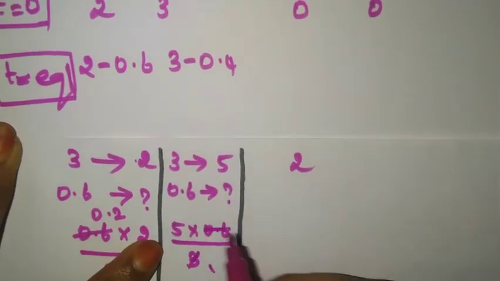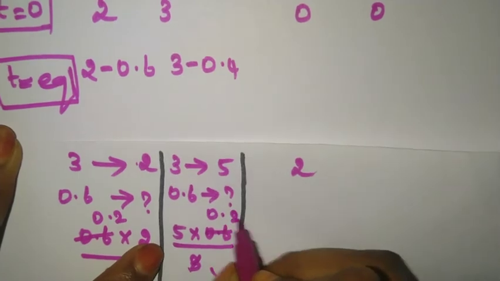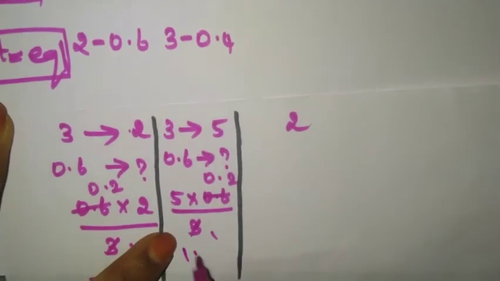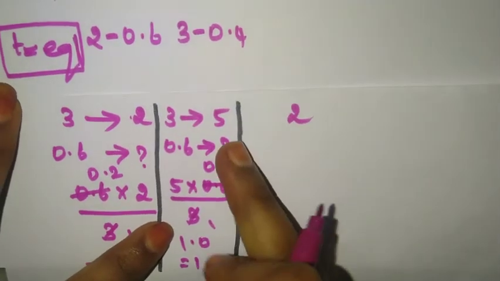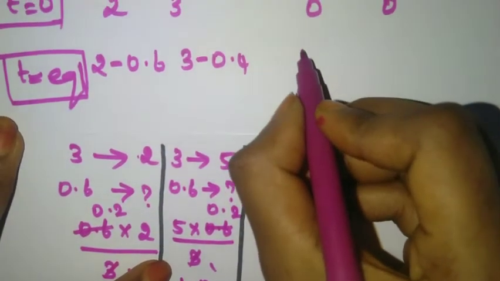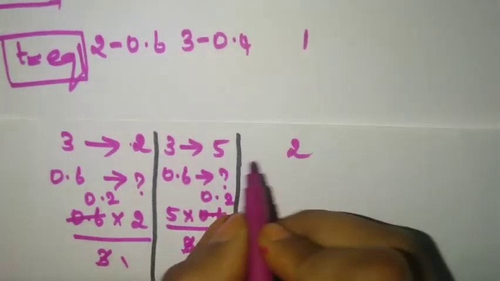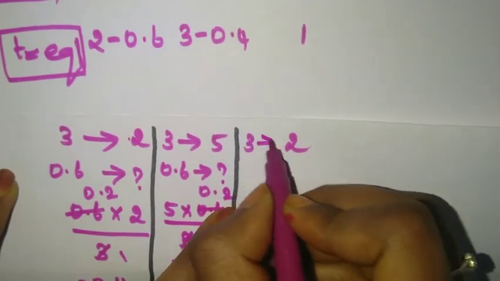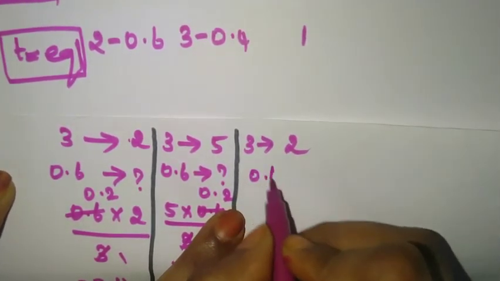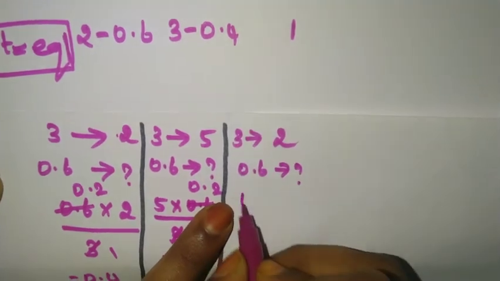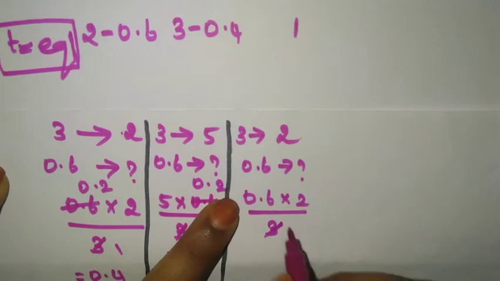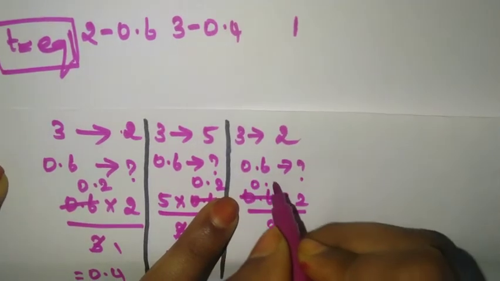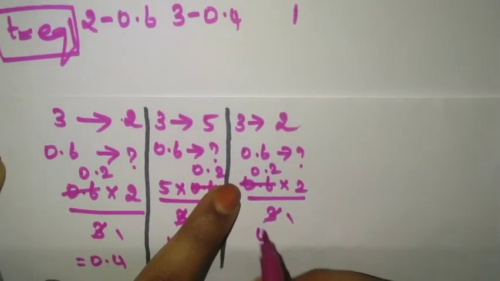So 1, 0.2, so the answer is 1.0, which is equal to 1. So 1 mole gets formed here. And here you have to use 3 moles gives 2. So how much does 0.6 moles give? 0.6 into 2 by 3. So 1, 0.2, so 0.4.